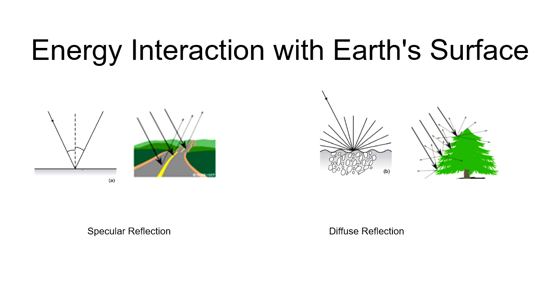There are two types of reflection, which represent the two extremes of the way in which energy is reflected by the target. Number one is specular reflection, that is when it is like a kind of mirror type, not much diffused, and there is no 100% specular reflection.